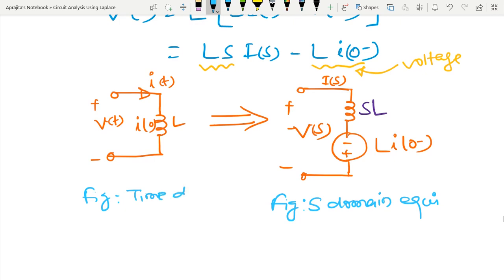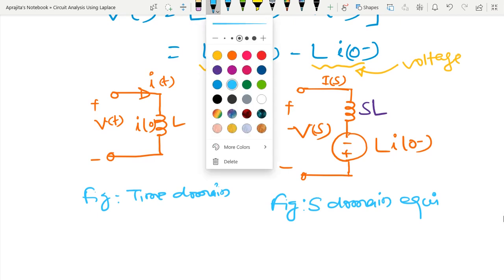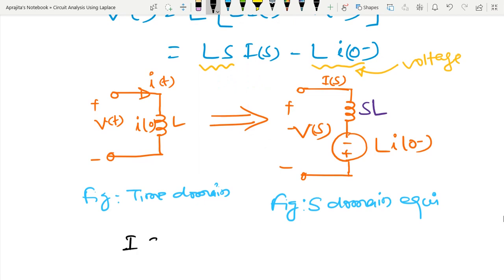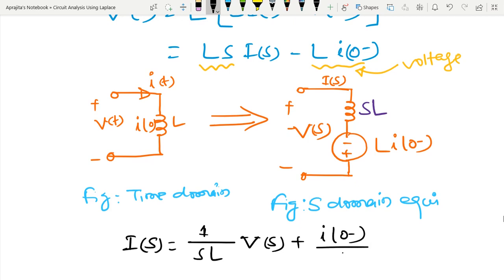So time domain, and the previous expression I am now going to rewrite like this: I(s) equal to 1 by sL times V(s) plus I0 by s. So now I am expressing the above expression in terms of current.